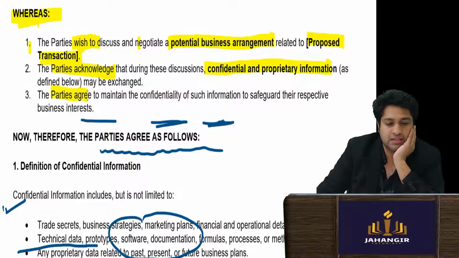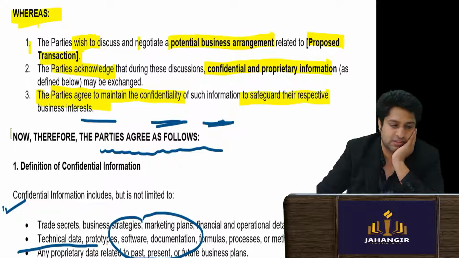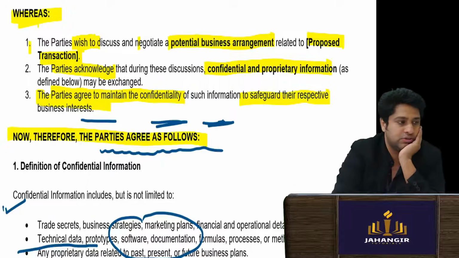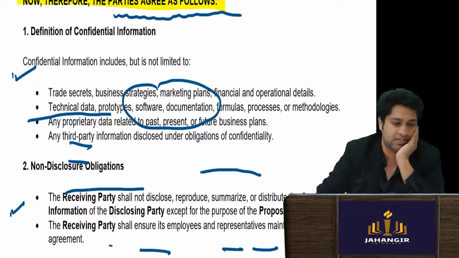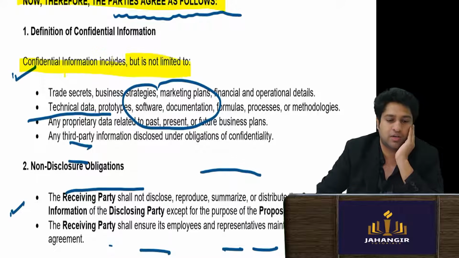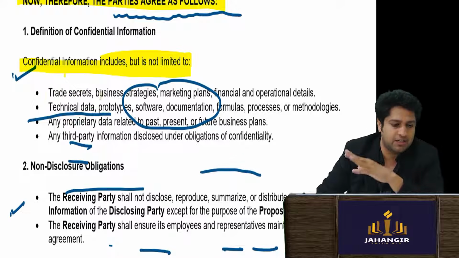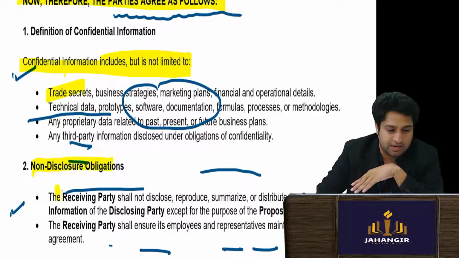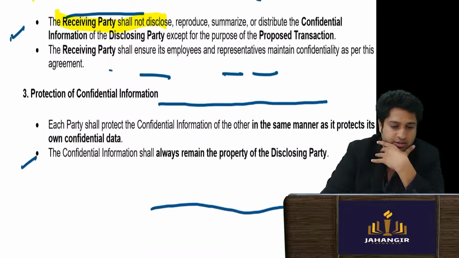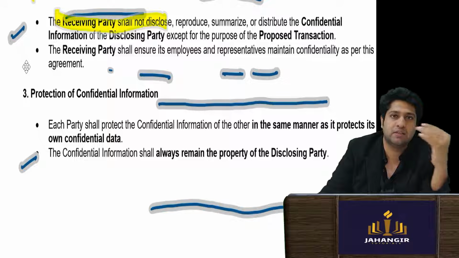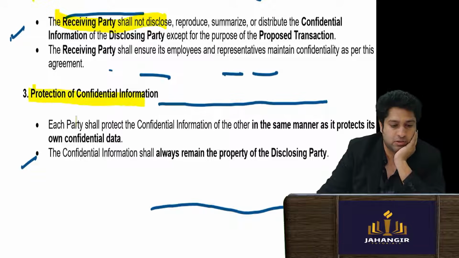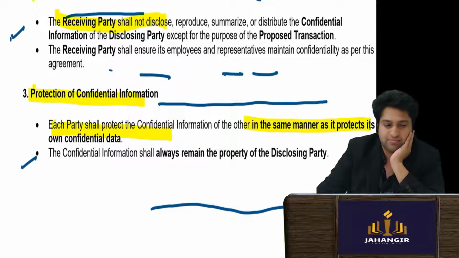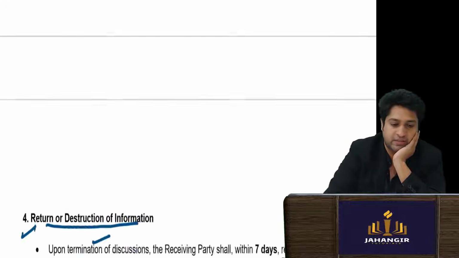The parties agree to maintain confidentiality to safeguard their prospective business interests. Now this is how it follows. The confidential information shall be with respect to whatever, and shall not be limited to trade secrets. The receiving party shall not disclose it to anyone. And after the transaction is over, they will destroy the documents. Each party shall protect the information in the same manner it protects its own confidential data.